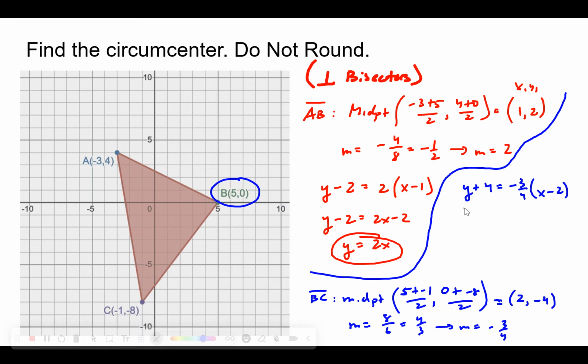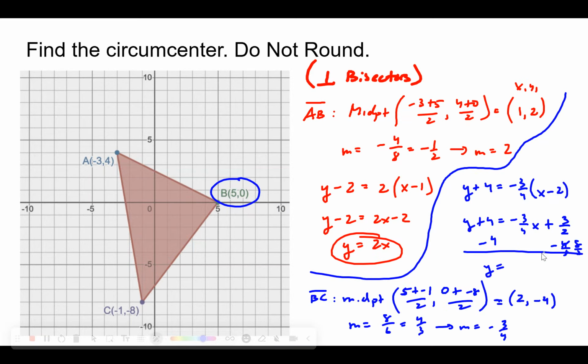We'll distribute the negative 3/4, so y plus 4 equals negative 3/4 x. When you do negative 3/4 times negative 2, that's positive 6/4, which simplifies to 3/2. And then I'll subtract 4 on both sides. When you subtract 4, I need a common denominator. Right now it's 4 over 1, so make this 8 over 2.